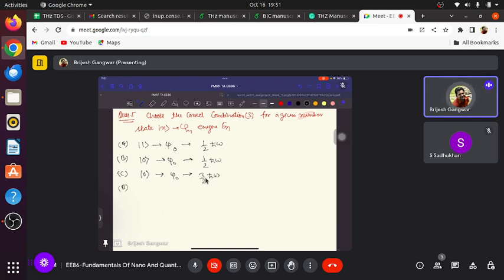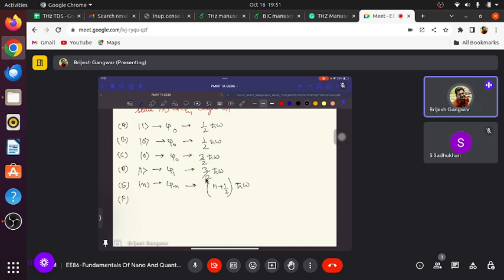Similarly, D is 1 psi 1 and 3 by 2 h cross omega. And option E is n psi n, n plus half h cross omega.